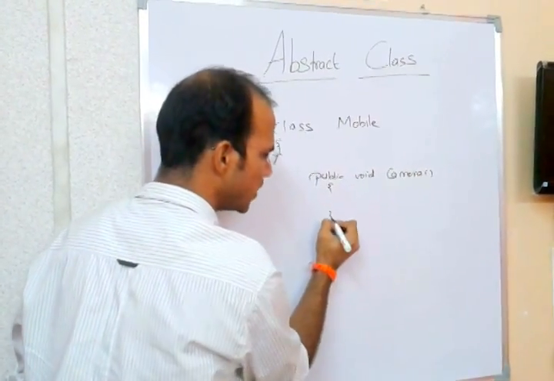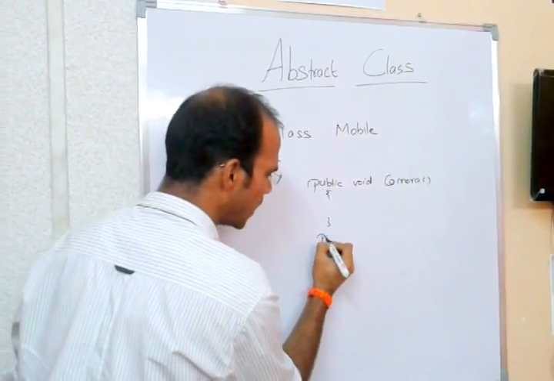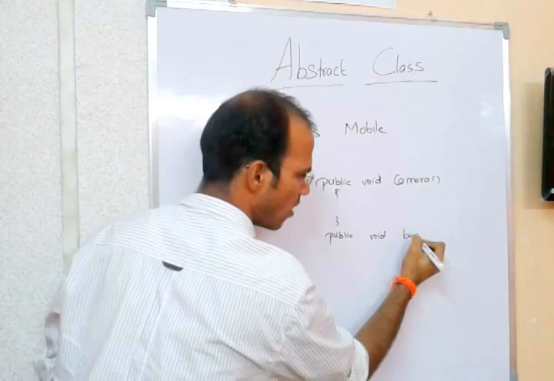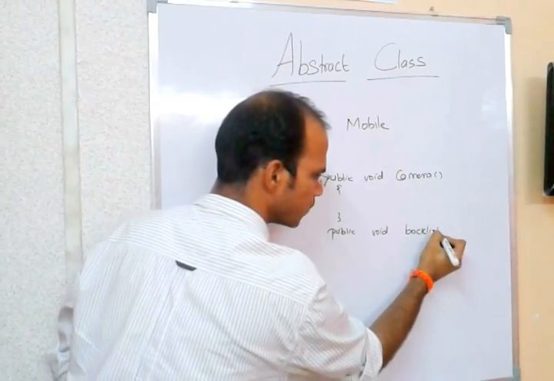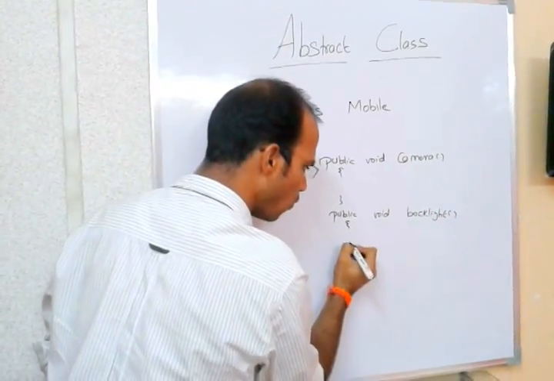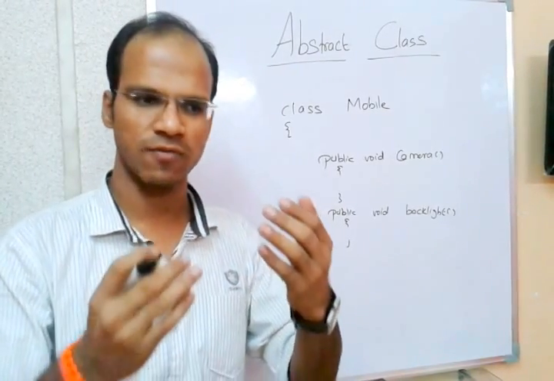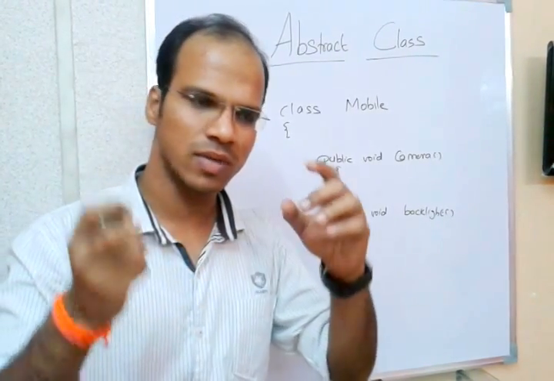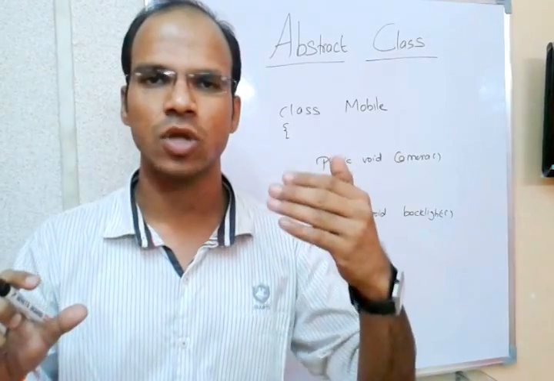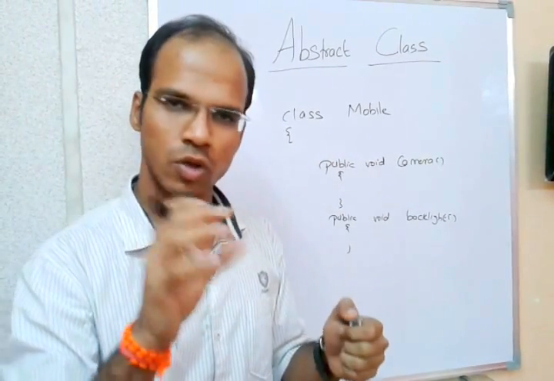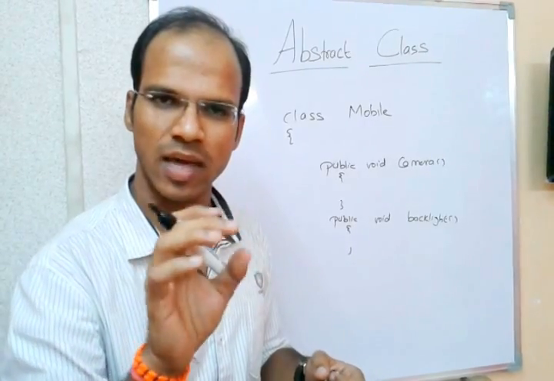If you want a backlight, you require public void backlight. Now you know what backlight does. When you want to take some photos, the backlight turns on, or it works as a flashlight. You can also use your backlight as a torch.